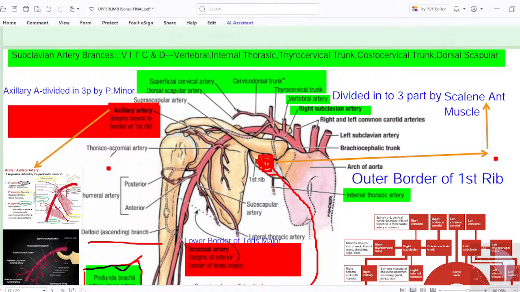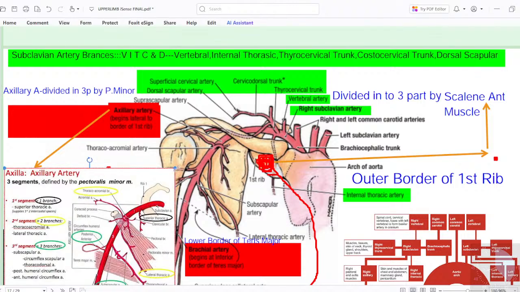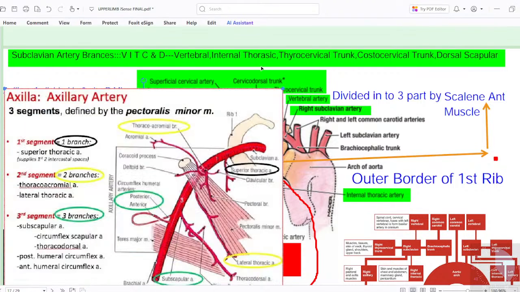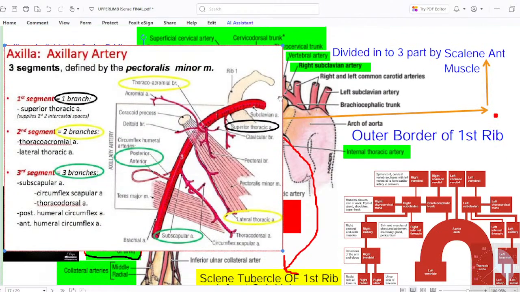Here we can see again. So we got the subclavian artery, right? This is the subclavian artery. This is the first rib. When it crossed, I said some mistake was there.